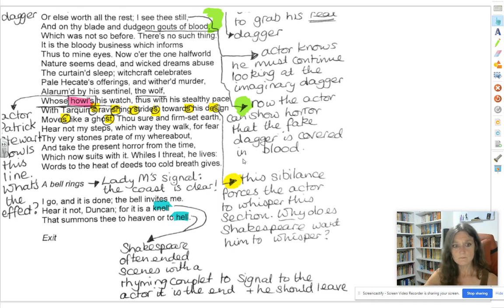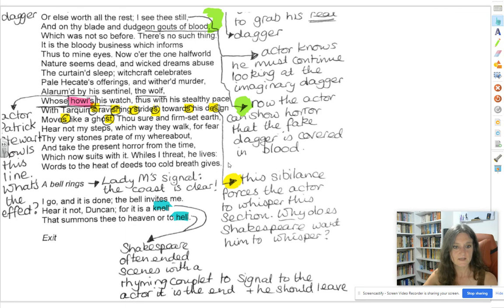However, what you may have noticed if you're really sharp is there's another rhyming couplet just here. He lives, whereas to the heat of deeds too cold breath gives. So I think that is almost marking the end of this soliloquy, because he goes from thinking about the dagger, the imaginary dagger, and about committing murder to thinking about King Duncan.